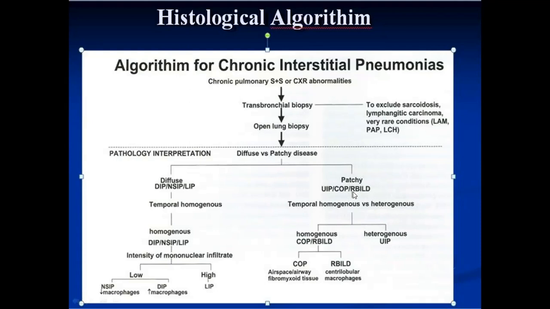If the lesion is homogeneous, we have two further differentials: COP versus RBILD. If it is heterogeneous, we have one differential, which is UIP, which carries a much poorer prognosis. If the lesion is homogeneous, we then look for centrilobular macrophages, and if they are abundant, the diagnosis is RBILD.